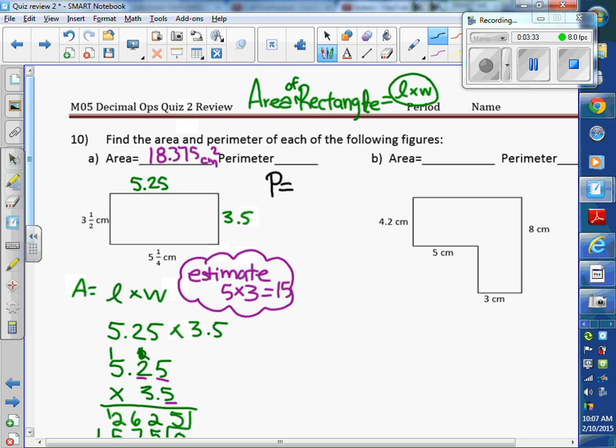Perimeter would just be 3.5 plus 3.5 plus 5.25 plus 5.25. When you add that up, it still makes 7 plus 10.5, so you get 17.5 centimeters.